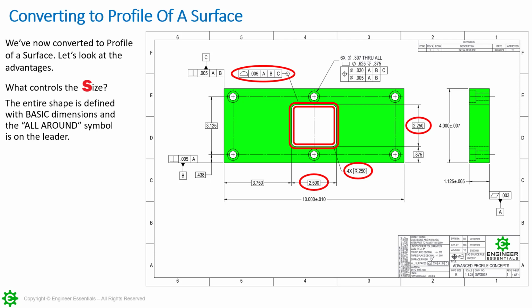And because it has the all around and it's fully defined with basic dimensions, we have a single loop, if you will. It is truly what we call the true profile that this is distributed from. So any single element on any surface going all around this, because it's a 5 thousandths profile tolerance, and that's arguable whether or not that's the appropriate tolerance.